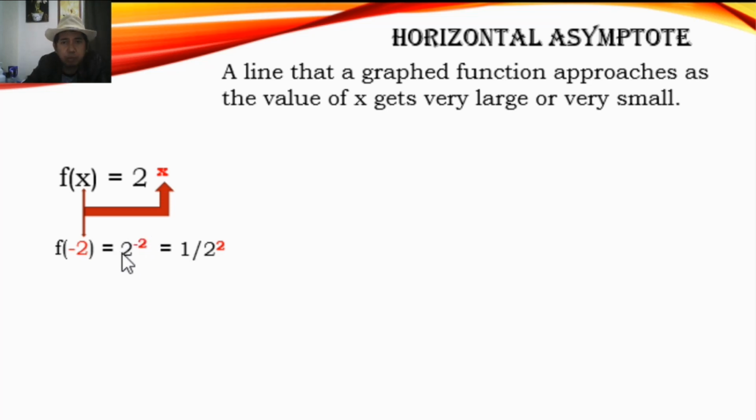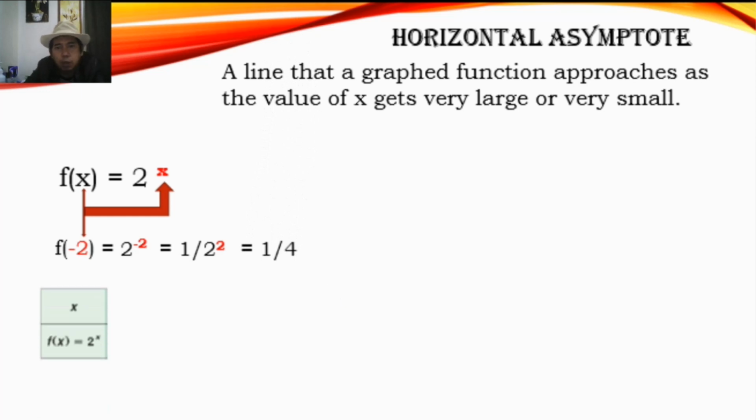We will bring down this number as our denominator. So what is left if this will be our denominator? What is left is 1. And what will happen to the exponent if we bring it down to the denominator? It will already be positive. So the result would be 1 over 2 raised to positive 2, and that is the same as 1/4.